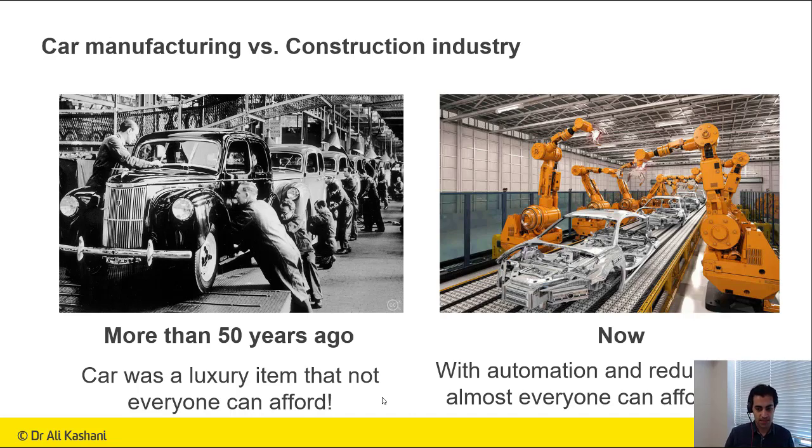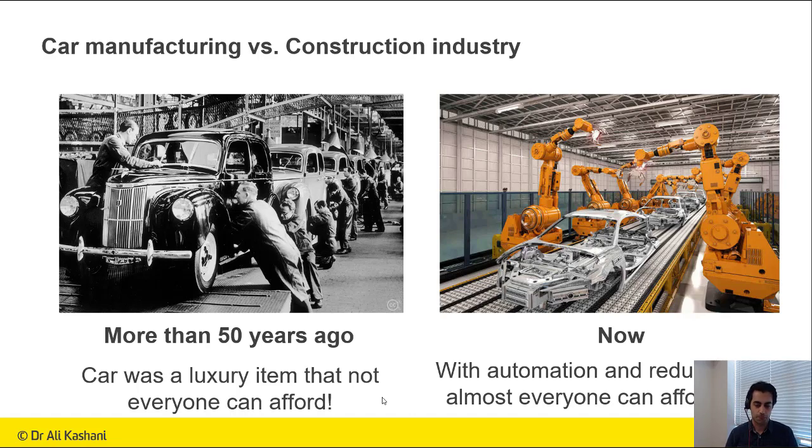So we can see that the automation has increased. That ended up in a reduction of the cost of making cars, so customers can afford a car at a much lower cost compared to income than 50 years ago.